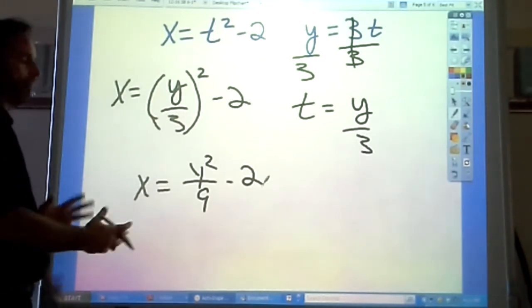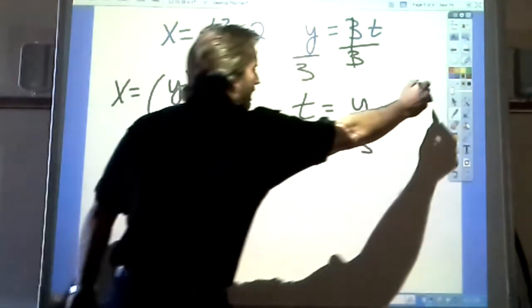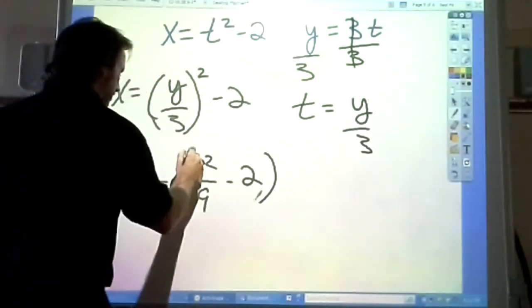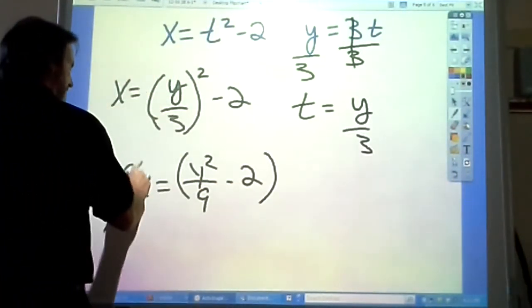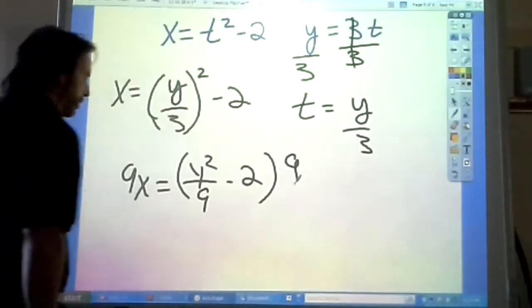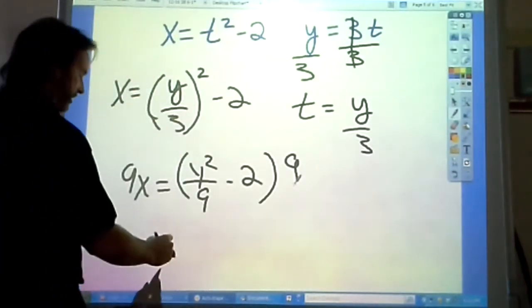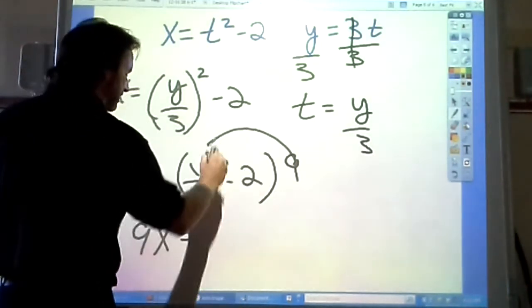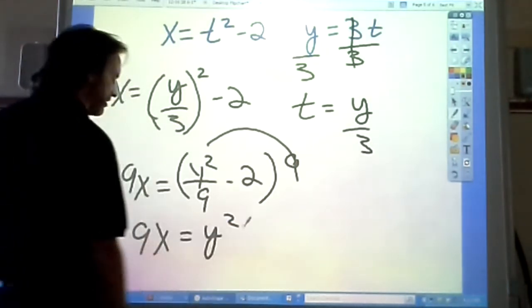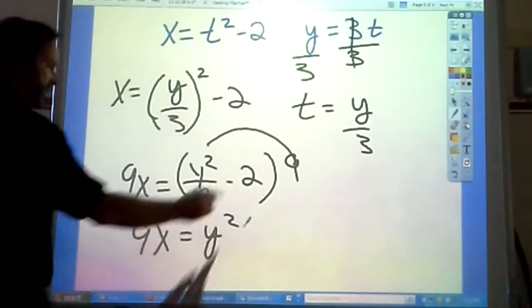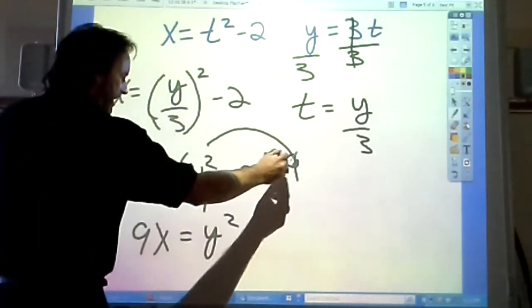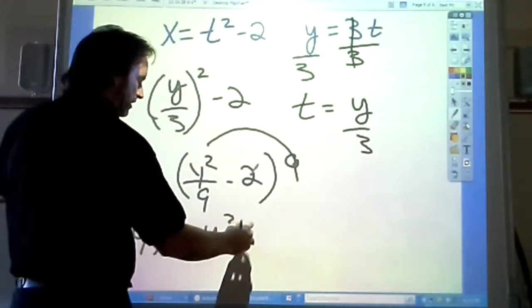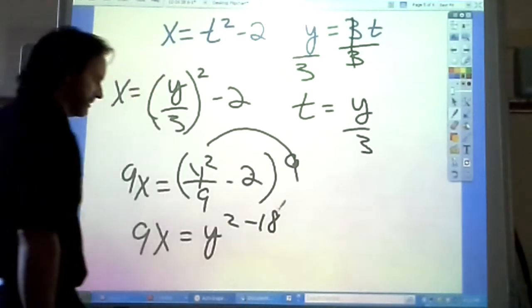I can also get it in terms of y squared equals x. Let's see, if I want to get y by itself, I want to get rid of this denominator. So I multiply both sides by 9. Okay? So this gets me 9x equals 9 times y squared over 9, which is y squared, because the 9 over the 9 cancels out, and 9 times 2 is 18, minus 18.